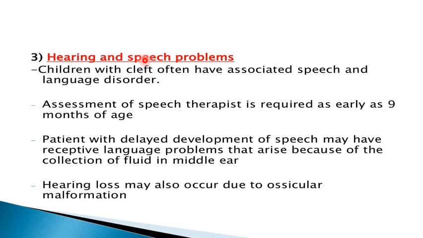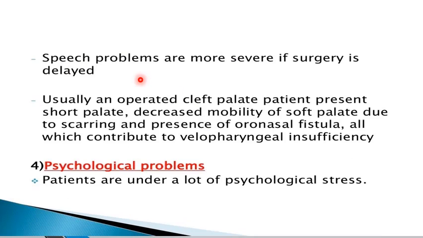Also, clefting of the levator veli palatini muscle and loss of the function of the soft palate to close the nasopharyngeal sphincter, the velopharyngeal sphincter, will lead to speech problems in the form of hyponasality, as we said also before. These speech problems, if not corrected as early as possible, will lead to a permanent abnormality of speech.